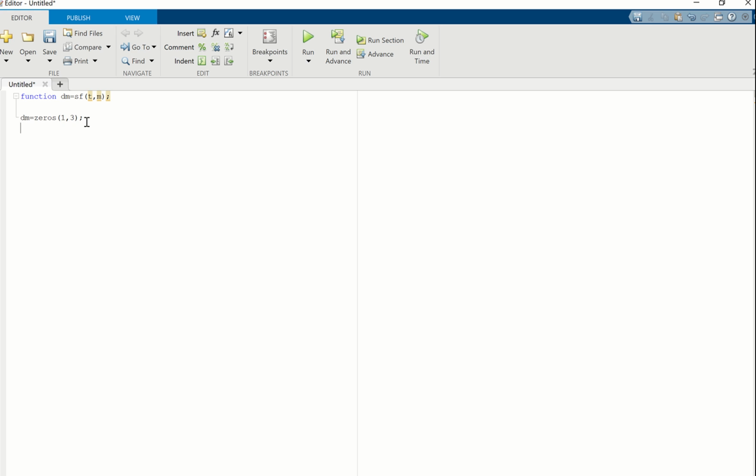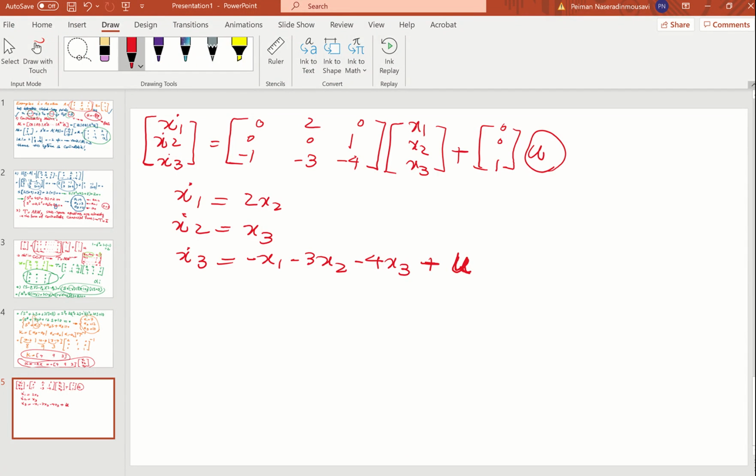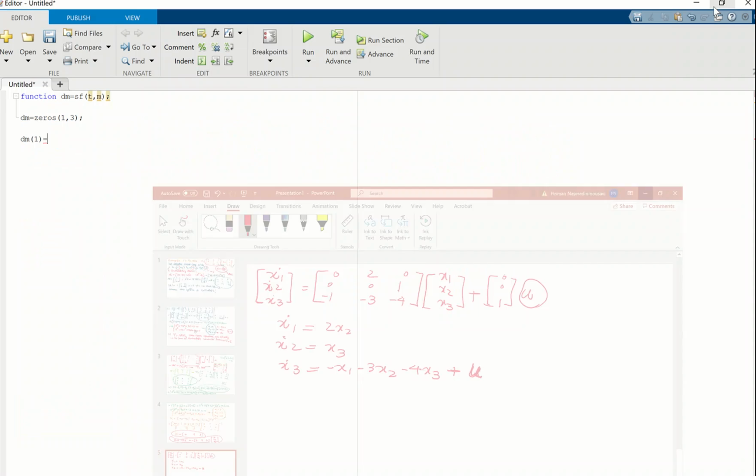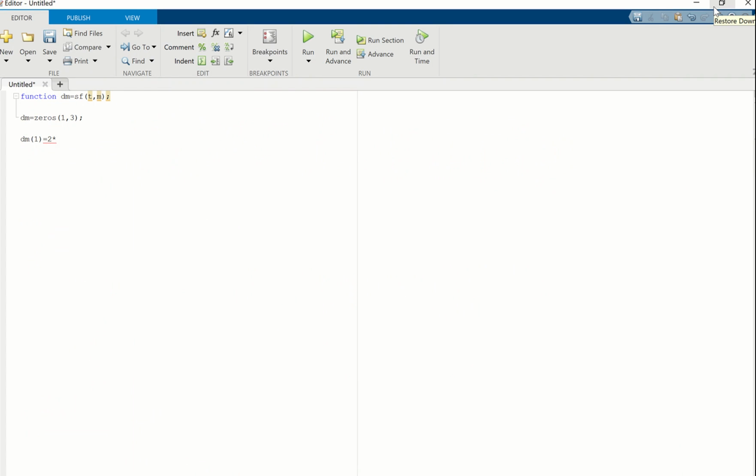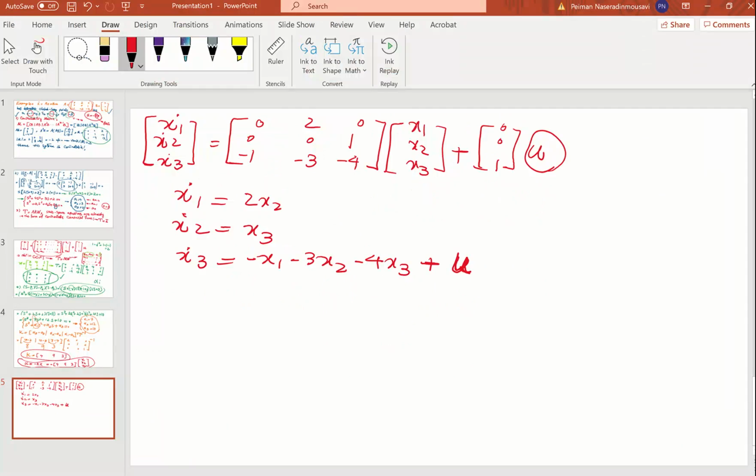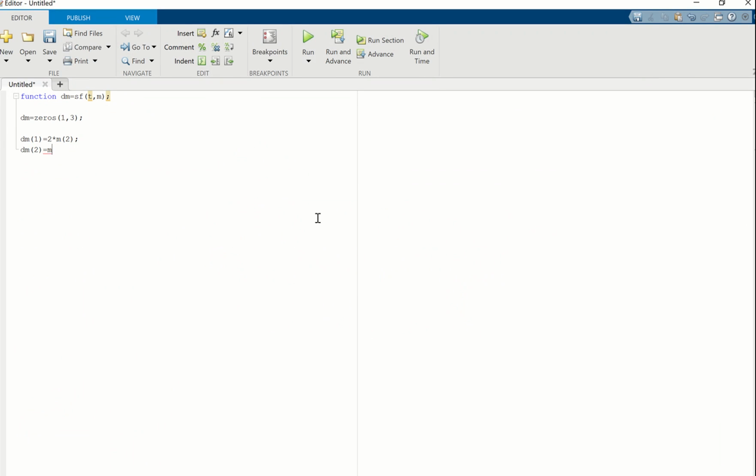Then, as I said, dm1 or ẋ1 is equal to how much? Look at here, 2x2, this is 2 m2. dm2 is how much, if I'm not wrong? It is x3, m3.